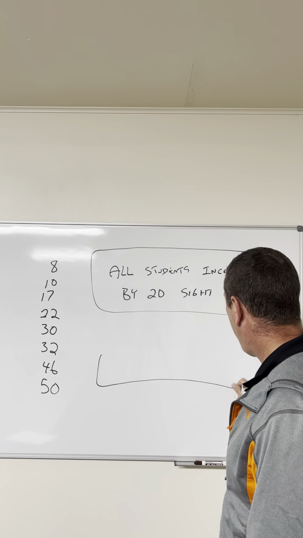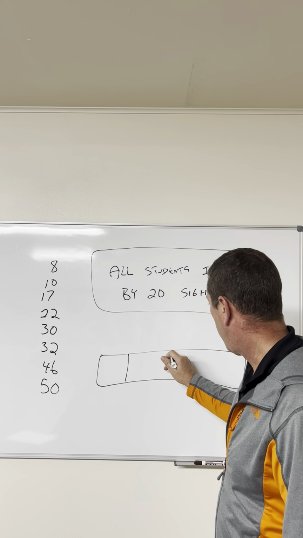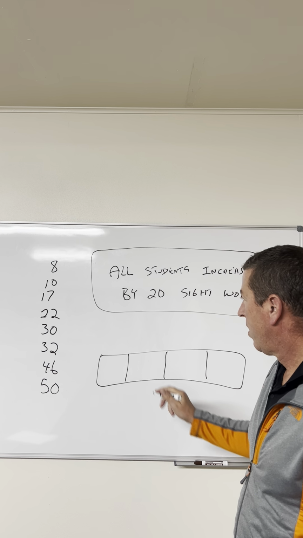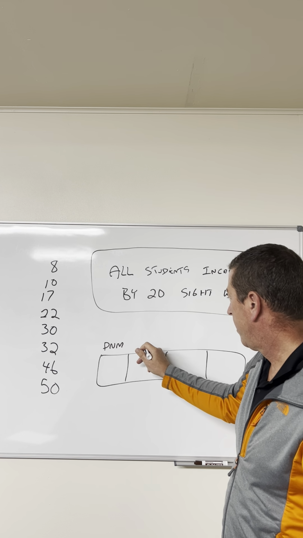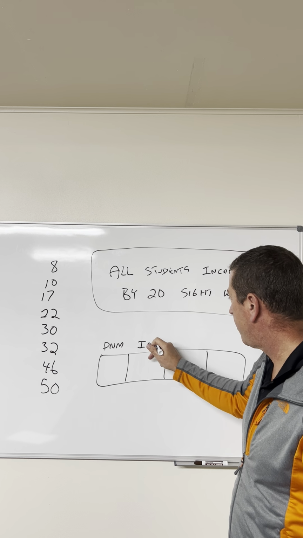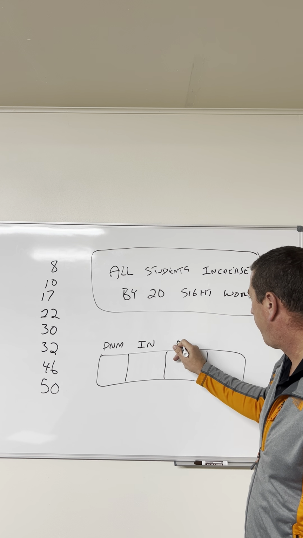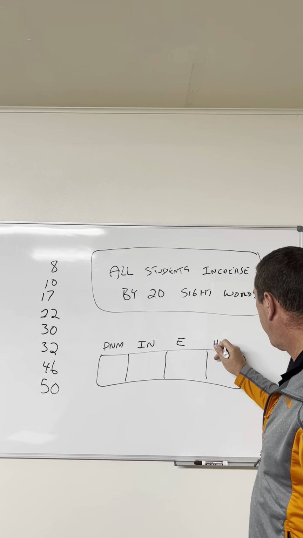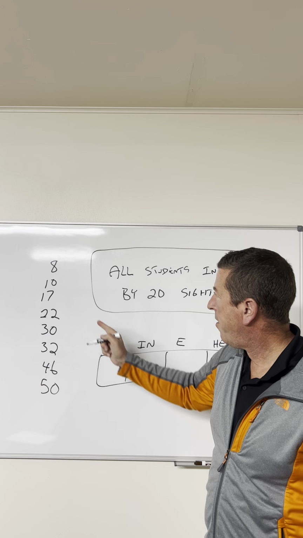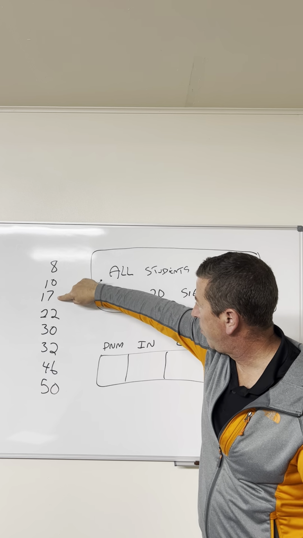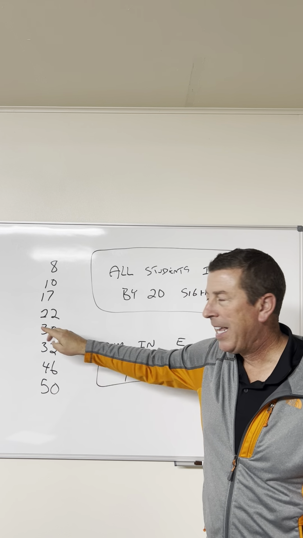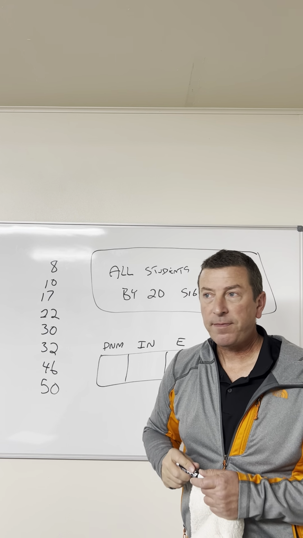Then there's these 4 boxes on your sheet. This one says does not meet. This one says like improvement necessary. This one says effective. And this one says highly effective. Now, your goal is all of them are going to increase. There is 1, 2, 3, 4, 5, 6, 7, 8 students in this group.